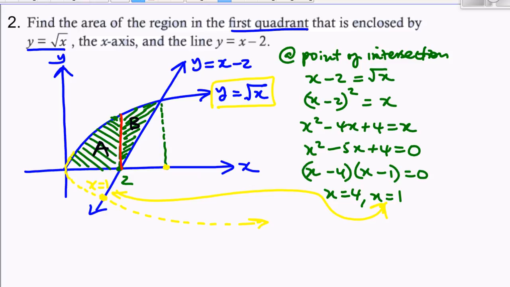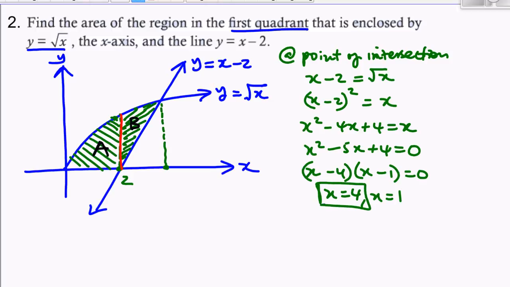So we have two solutions, but we'll ignore one and just pick the one we are interested in. Just deleting this, the only solution that's important to us here is x equals 4.